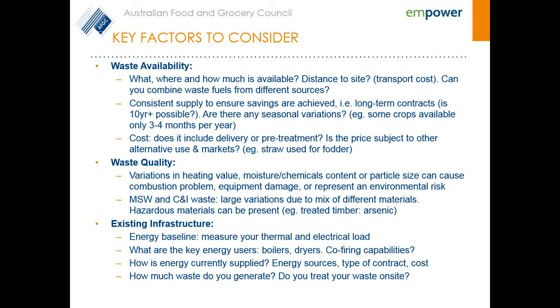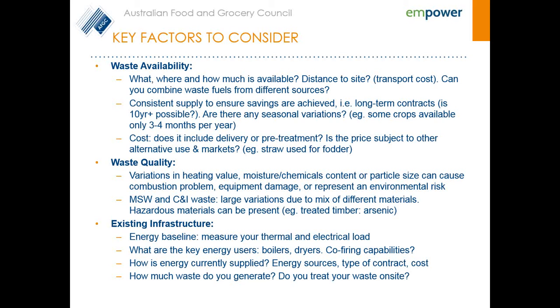What are the key energy uses? What's the equipment in your process that's using energy, thermal energy, for example, in the case of boilers and dryers, you use gas, and it's also exploring the possibility of co-firing biogas with your existing equipment.